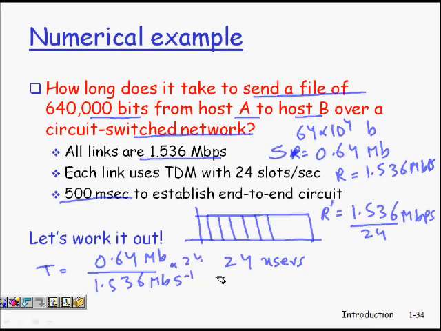If you do this calculation, it comes out to be 10 seconds. Plus 500 milliseconds or 0.5 seconds for call setup, so a total of 10.5 seconds will be taken for delivering this data.